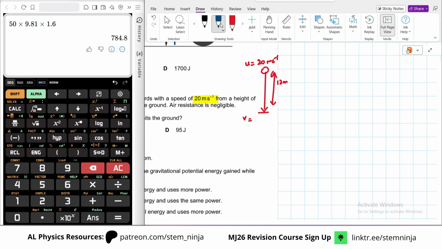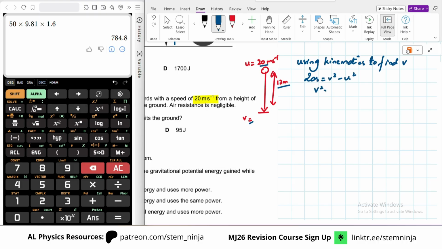Okay, so let's say, for example, we just use kinematics to find v or v squared, either way. Since we have displacement, initial velocity, and acceleration is 9.81 meters per second squared, we can use this.